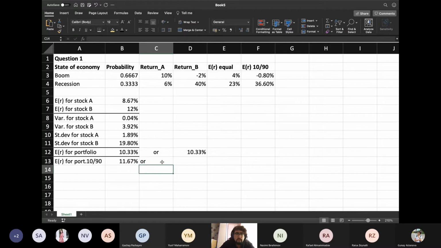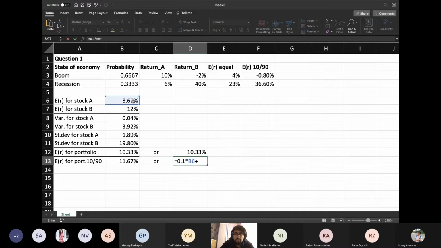Or we can also do it like that. We found the expected returns for each stock. So invest 10% in stock A and the remainder in stock B. The same.